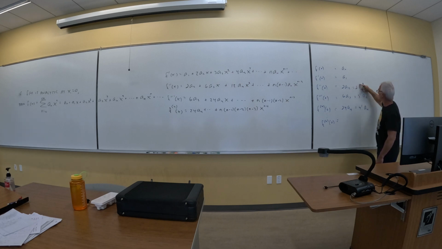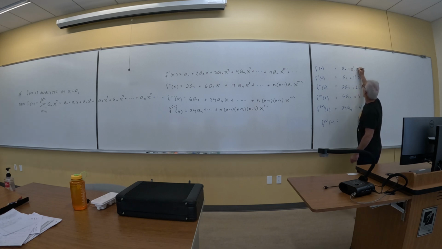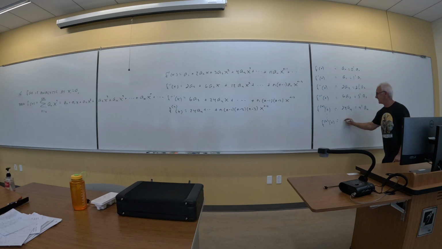Oh, whoops, sorry. 2 factorial. What would that be? 1 factorial. And what would that one be? 0 factorial. Oh, because 0 factorial is equal to 1. Do you see a clear pattern here with factorials? So what is going to be the nth derivative evaluated at 0? N factorial A n.